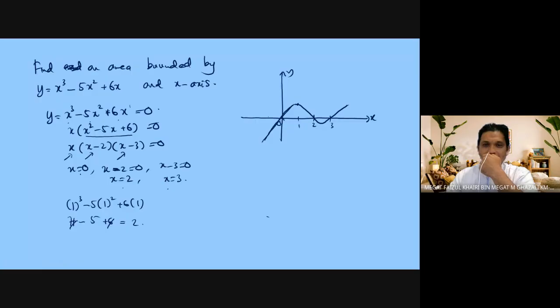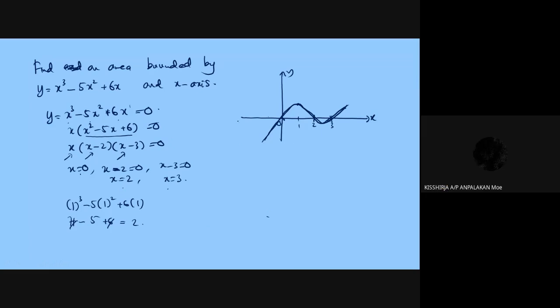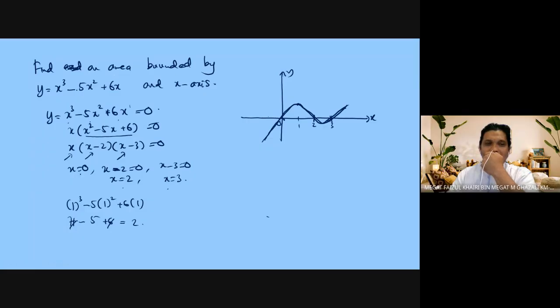Okay. Now, this is the graph. Up here, down again. It intersects at x equal to 0, x equal to 2, and x equal to 3. So now, find the area bounded by the curve of y equal to x cubed minus 5x squared plus 6x and the x-axis.